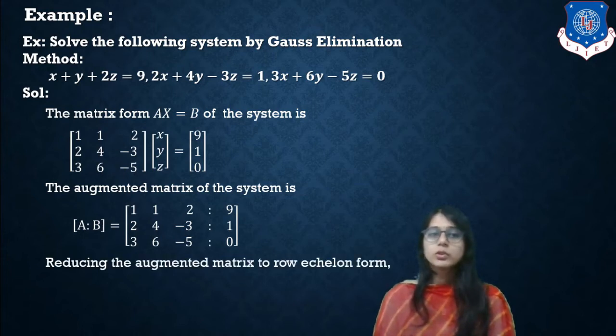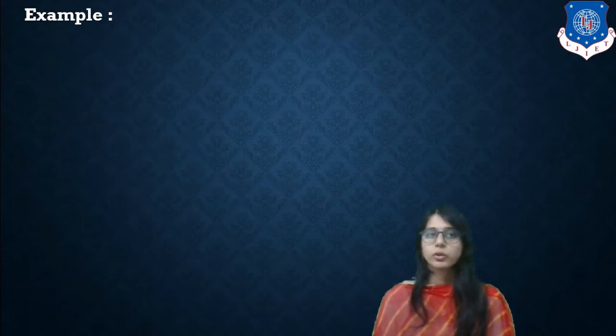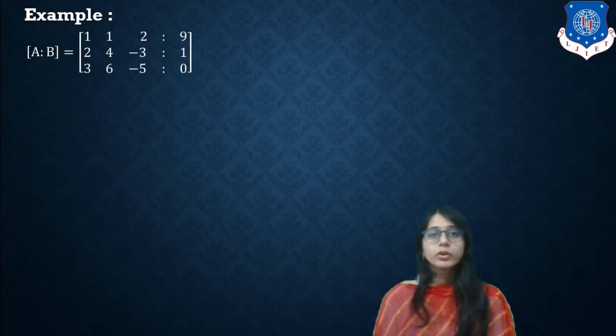Reducing this matrix to row echelon form. What do we do in row echelon form? We make zeros in place of 2 and 3.